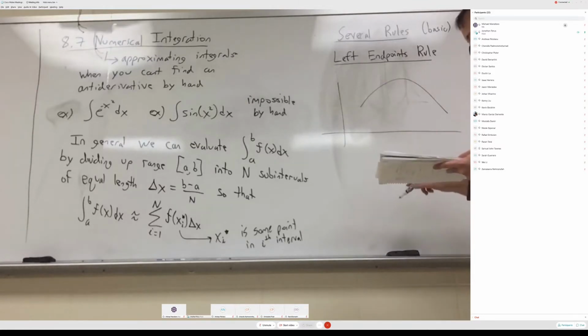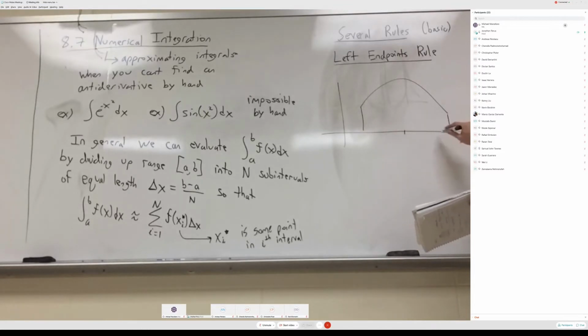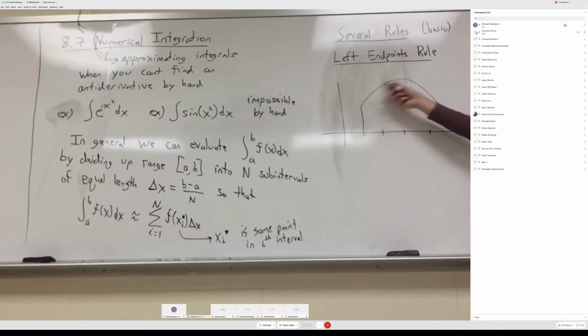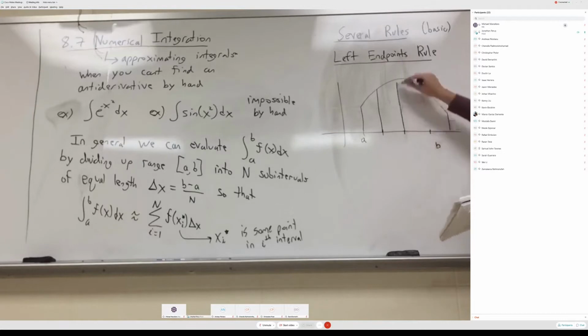So imagine that I'm dividing this up into 4 intervals. All right, so I want the area under this curve. The first interval goes from there to there, and it's starting at A, ending at B. Second interval goes from there to there. Third from there to there.